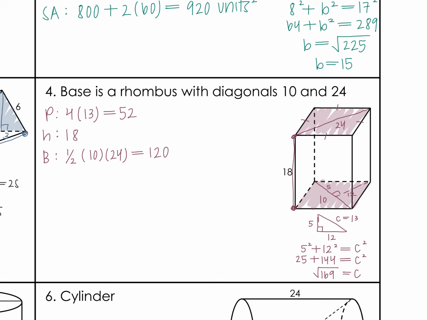Plugging in for my lateral, I'm going to take my 52 times 18. And you should get 936 units squared.